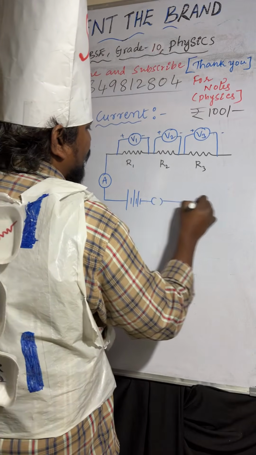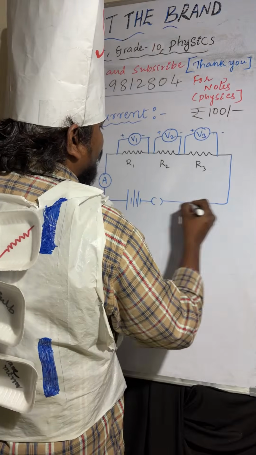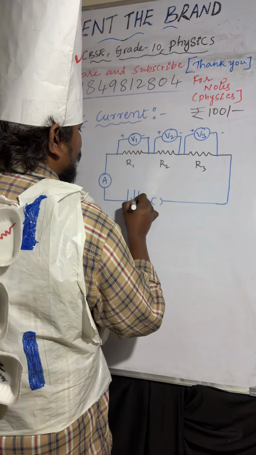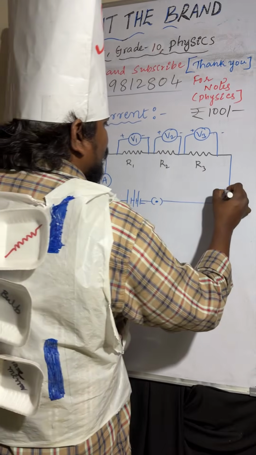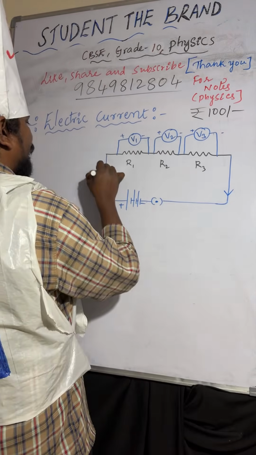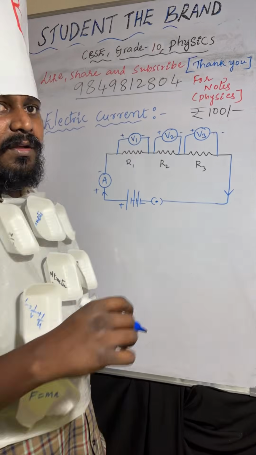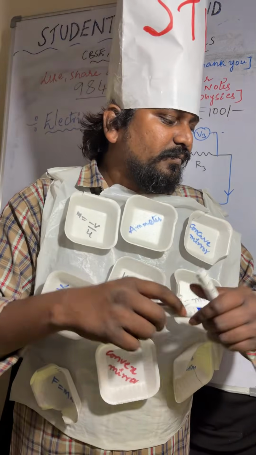Here you can observe the positive terminal and the negative terminal, and current is flowing. Now you can observe one thing.